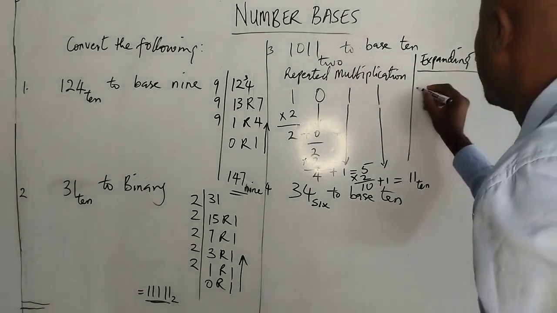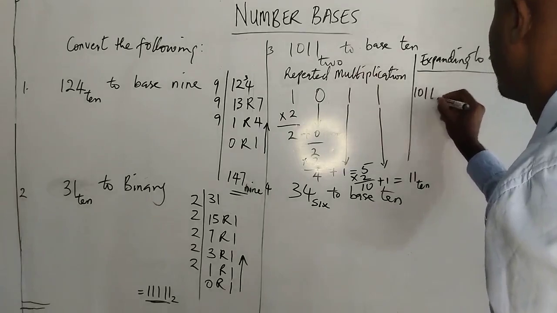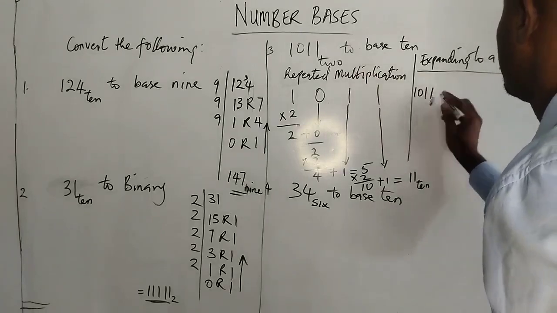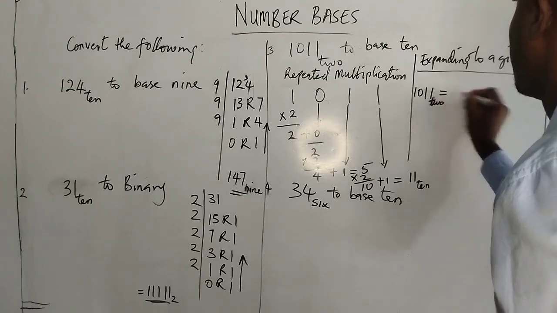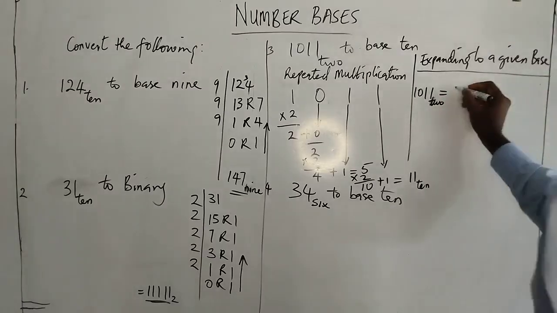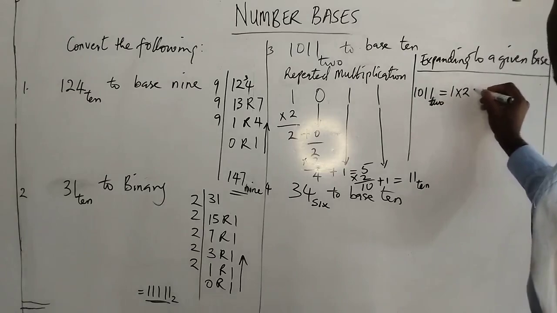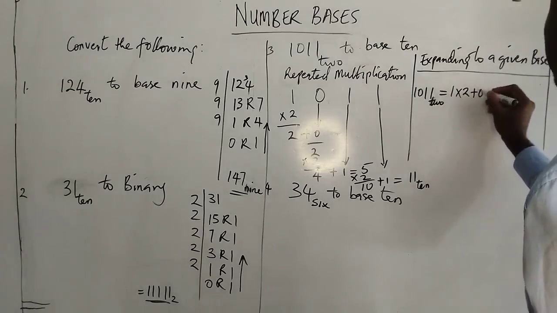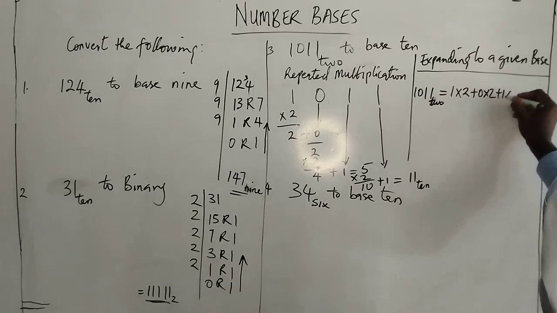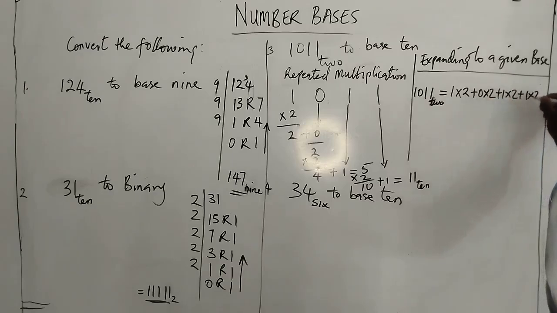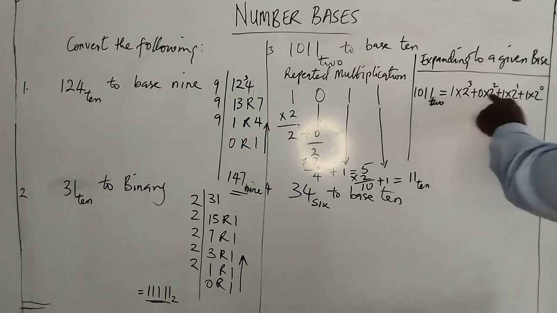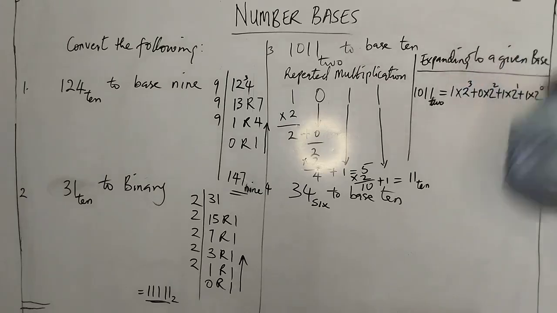You write out the original number, base 2. Each of the digits multiplied by 2. Then you assign powers. You assign powers to the base number, not on the digits, on the base numbers.